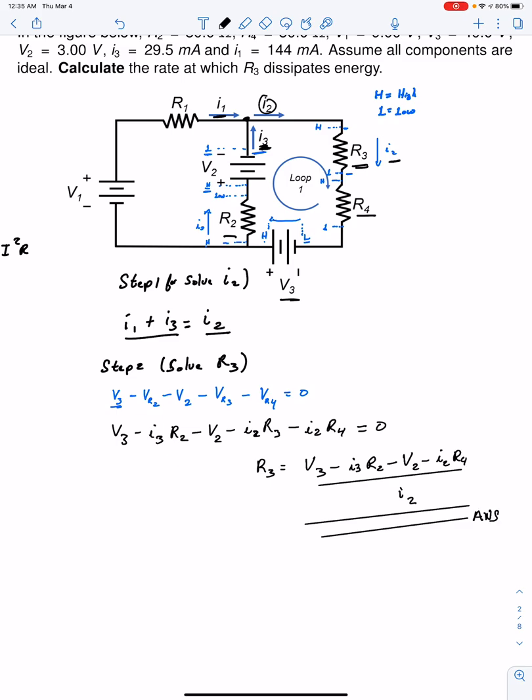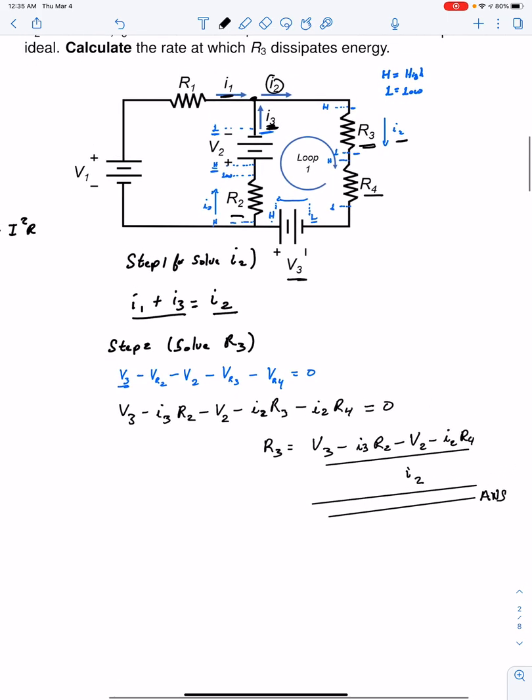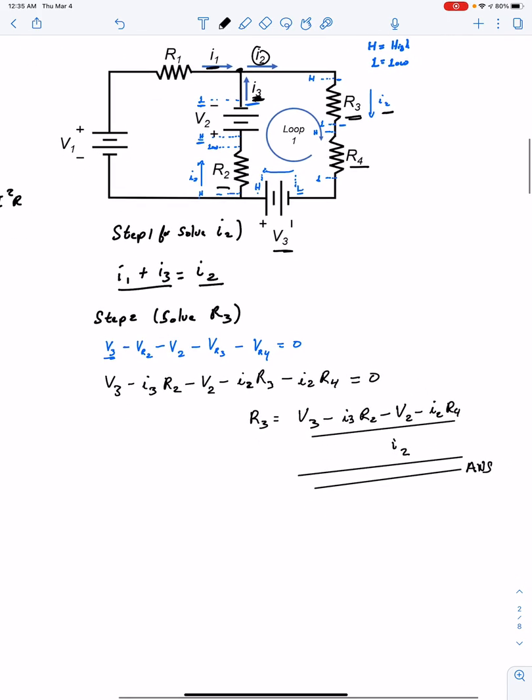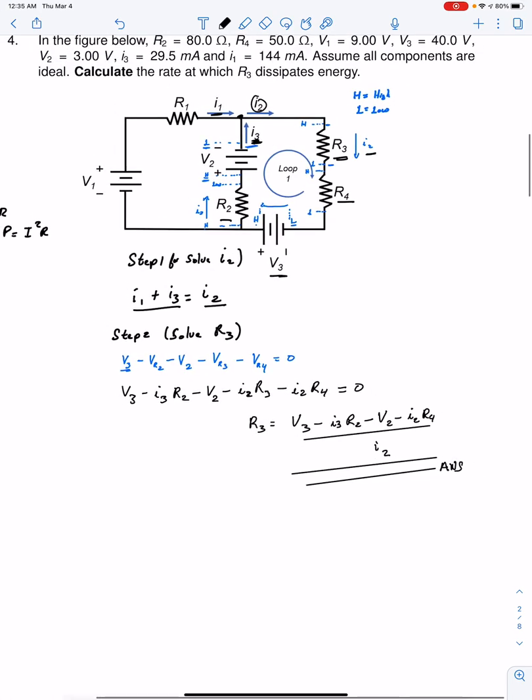Now it's actually asking us to solve for the dissipation of energy, meaning that we have to use the power. The power is the energy dissipated. So step 3, solve for power.